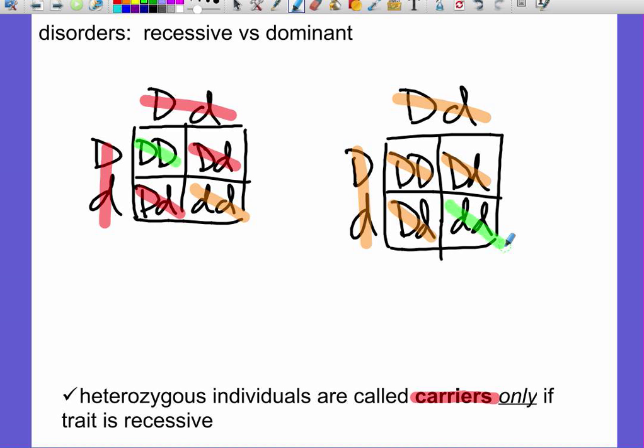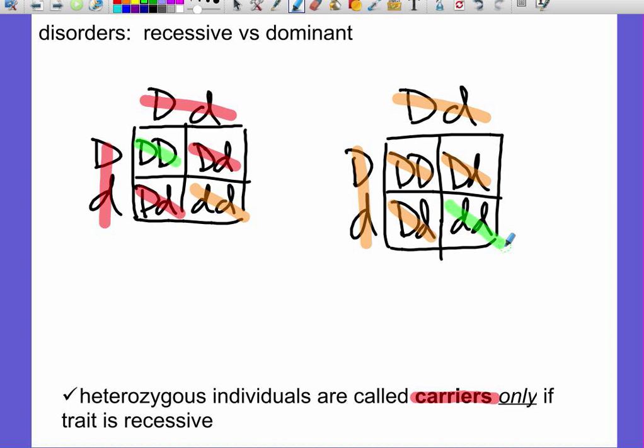Right? Notice the big difference between the dominant version on the right and the recessive version on the left is that there's no such thing as a carrier in a dominant disorder. If that's a dominant trait, there's no such thing as a carrier, because in order to be a carrier, you carry it, but you don't show it. Every individual that has a capital D on the right is expressing that trait.